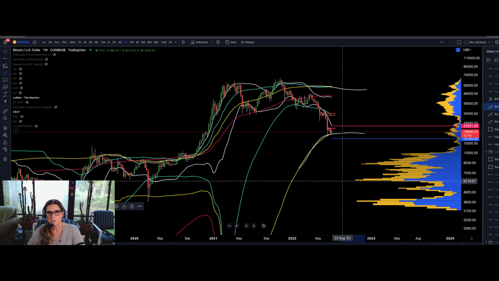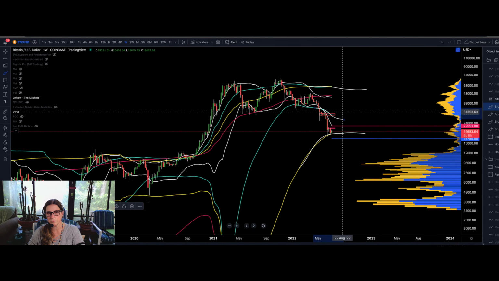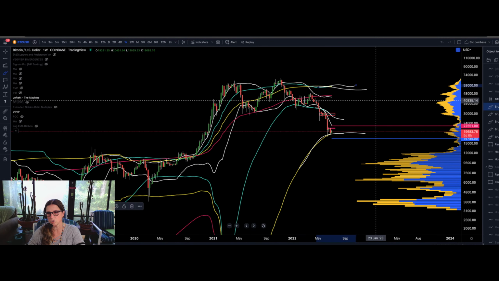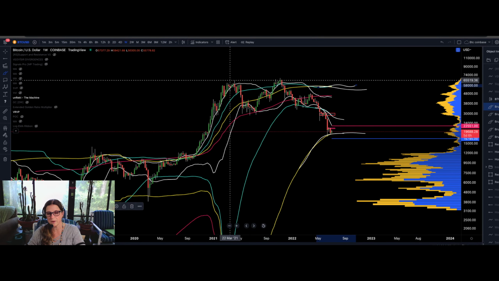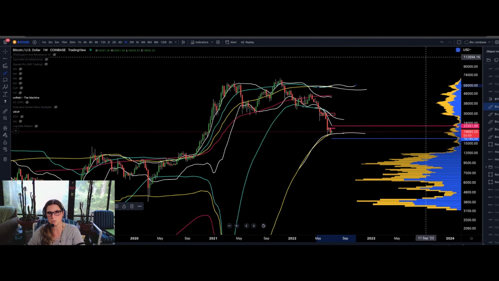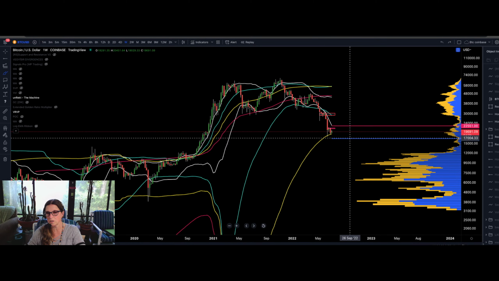Then we have this blue bottom and this blue top. Imagine that as a Bollinger Band. That's it, it's just Bollinger Bands based on moving averages. They're overlapping each other, and I took the background out to make it easier to see. The red line is the 200 weekly moving average, and the blue one is the 300, okay?